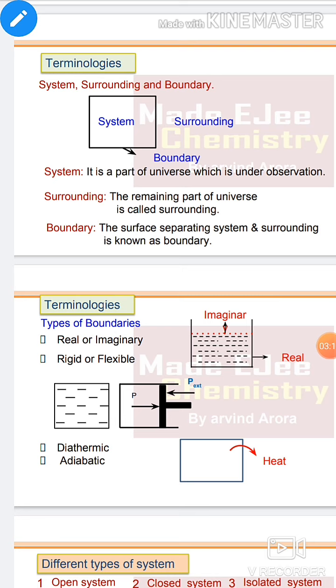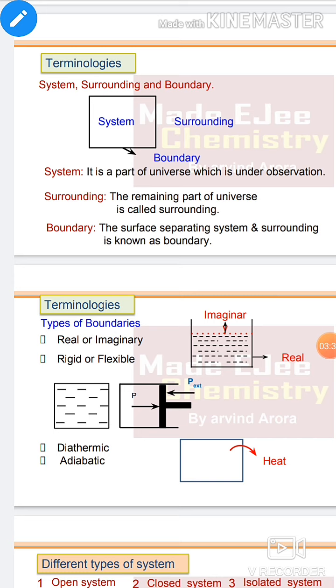Then what is surrounding? All the other remaining part of the universe outside the system is called surrounding. That means the universe is divided into two parts, that is system plus surrounding.